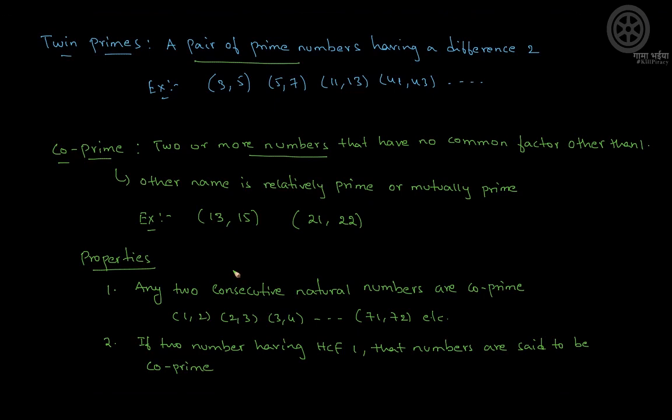For example, if I take 15, 16, what is the HCF for 15 and 16? Is there any common factor between 15 and 16? No, right? So they have the HCF only 1. That is only one common factor, 1. So 15 and 16 are said to be co-prime numbers, right?